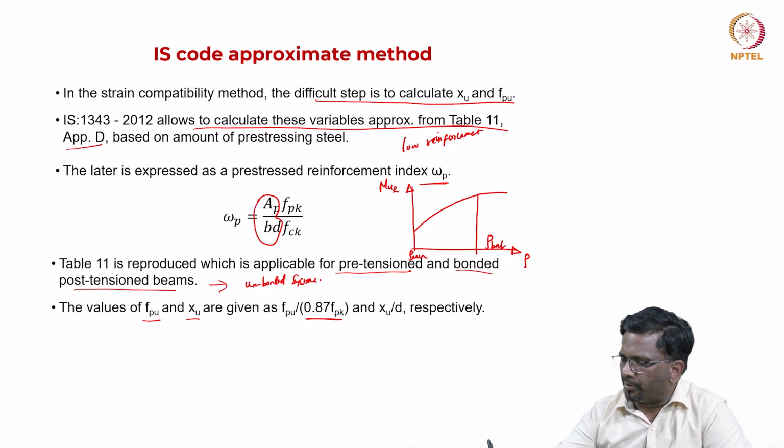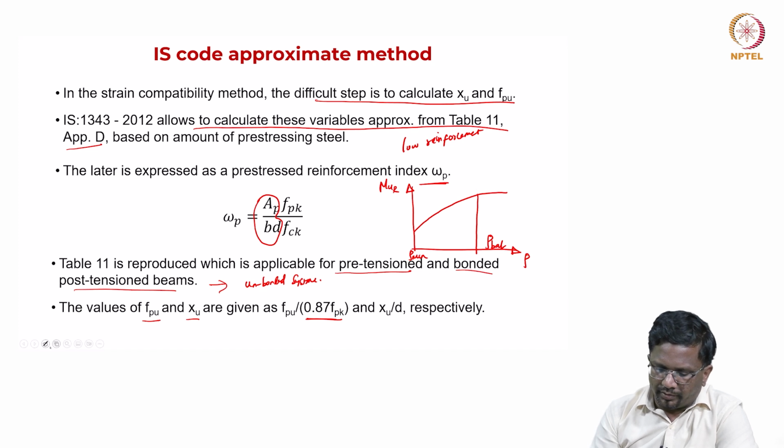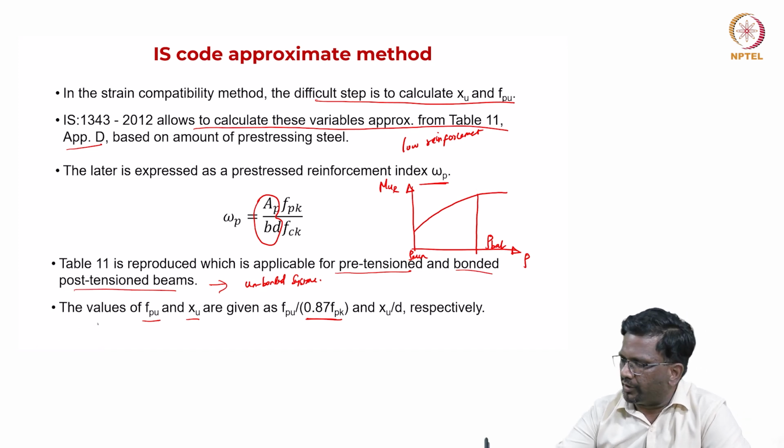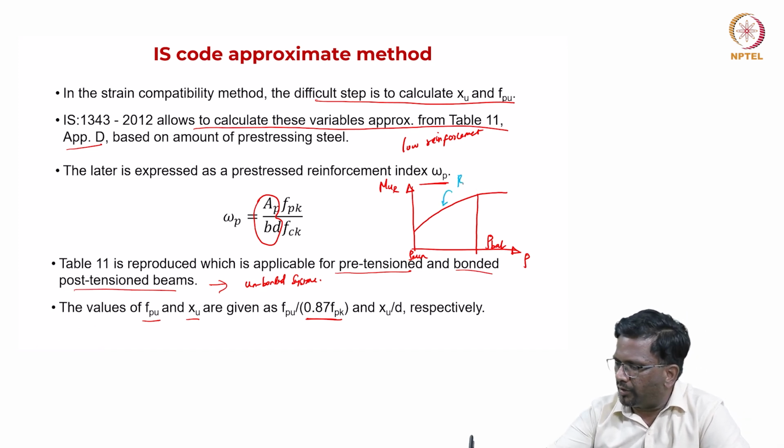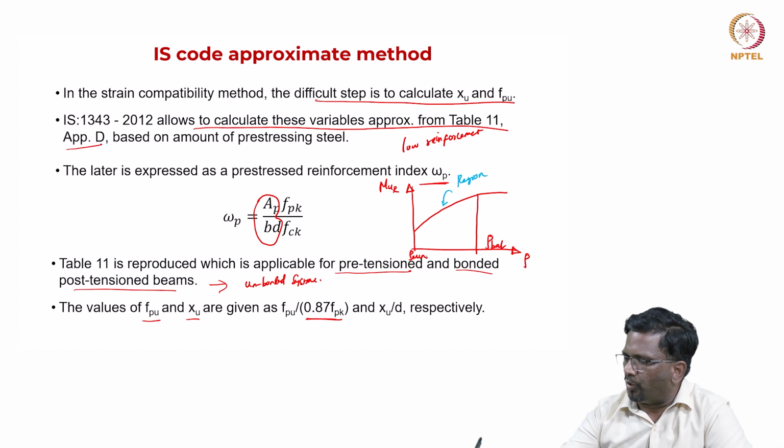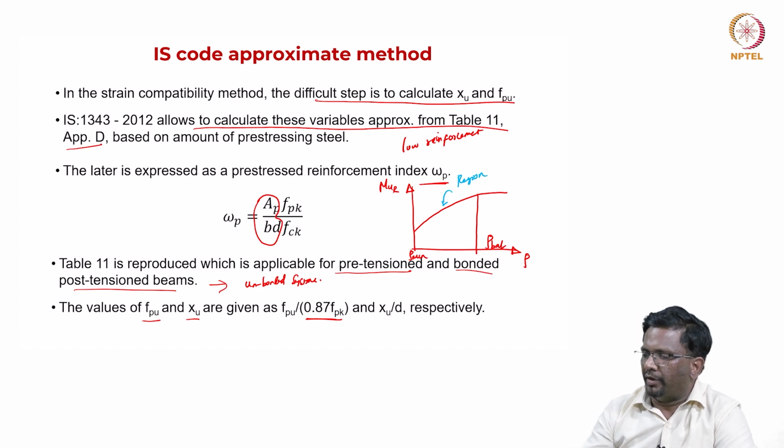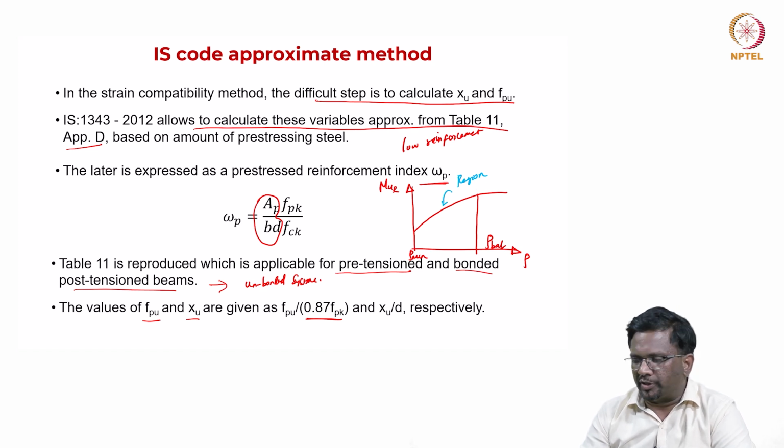Now, in this approximate method, in the region from rho minimum to rho balanced, you can see that the moment resistance is proportional to the amount of reinforcing steel provided.